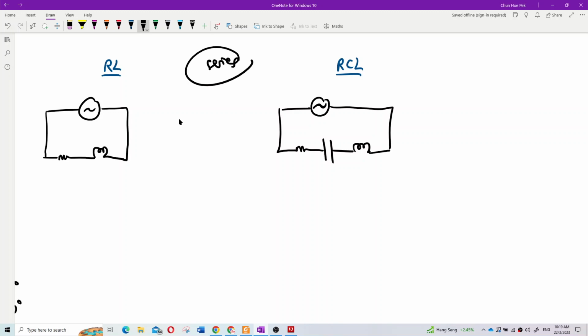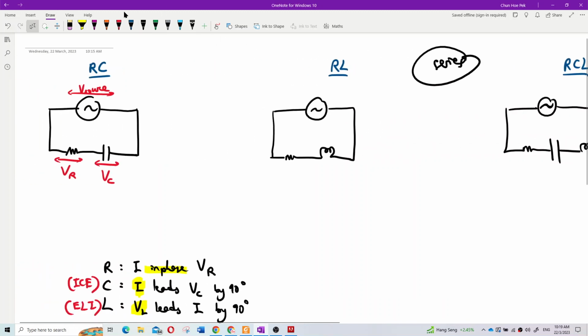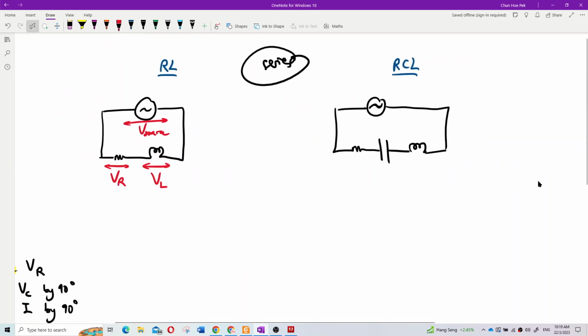We never talk about parallel. So this one we have V source, VR, VL. And this one also V source, VR, VC, and VL.